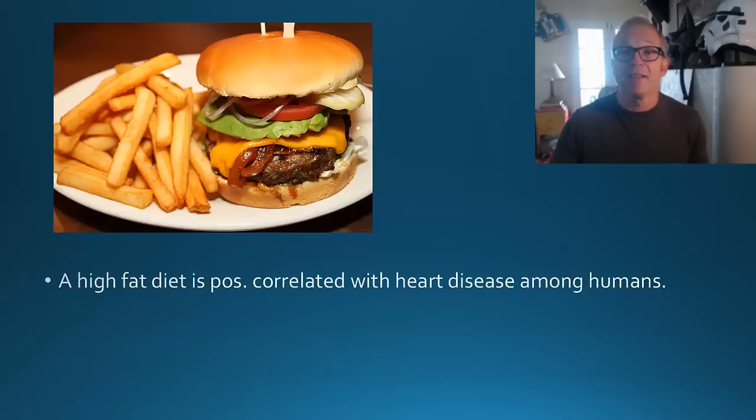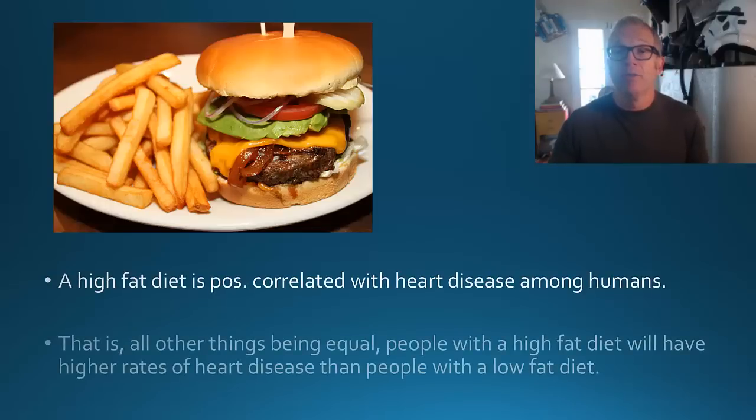A really easy one: a high-fat diet is positively correlated with heart disease among humans. That is, all things being equal, people with a high-fat diet will have higher rates of heart disease than people with low-fat diets. Now, I'm not saying anything about cause. I'm not saying that high-fat diets cause heart disease, although they do.